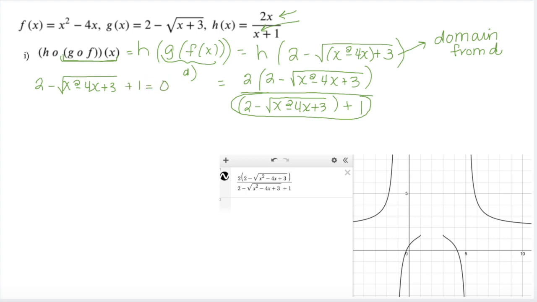I can subtract 3 by subtracting 2, subtract 1. x squared minus 4x plus 3, dividing by negative 1 so that our x squared minus 4x plus 3 is by itself. Squaring both sides to undo the square root.